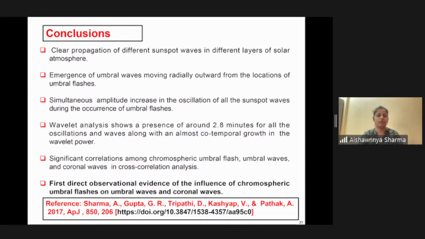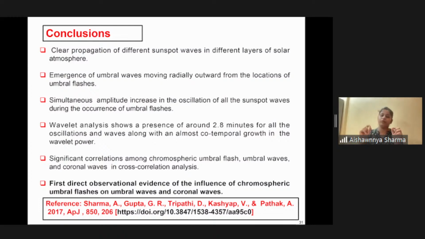So finally, we have come to the conclusions. In our study, first we have found clear propagation of different sunspot waves in different layers of the solar atmosphere. We took one sunspot region in our analyzed region. We have observed those umbral flash oscillations, those brightenings.